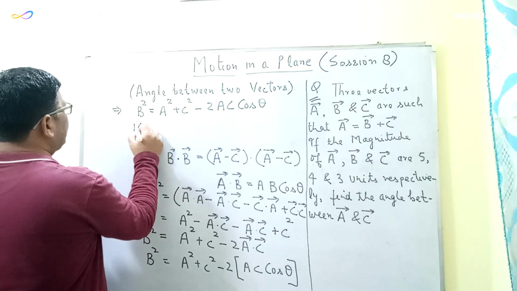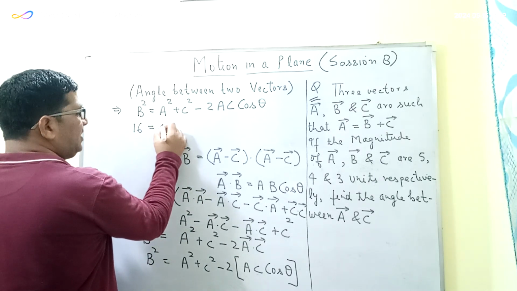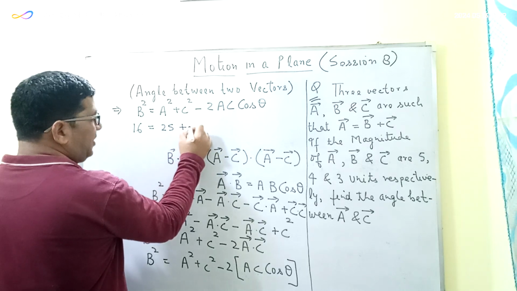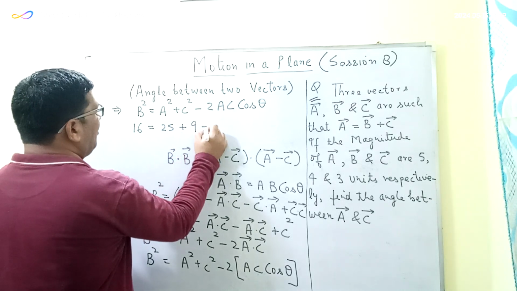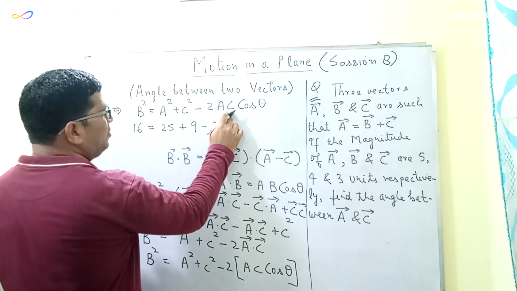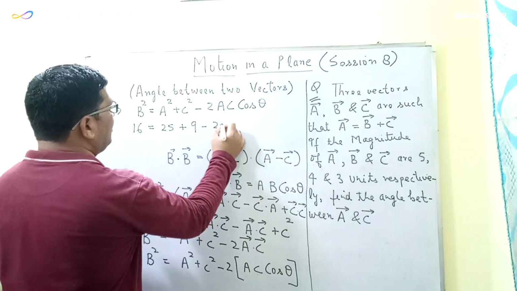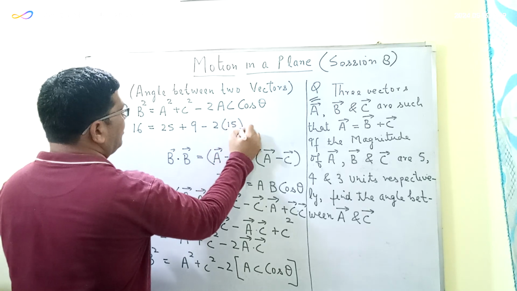Now the magnitude of vector B is 4, so B square will be equal to 16. The magnitude of A is 5, so A square is equal to 25, and the magnitude of C is 3, so C square will be equal to 9. Minus 2 into 5 into 3, that is 15, cos theta.